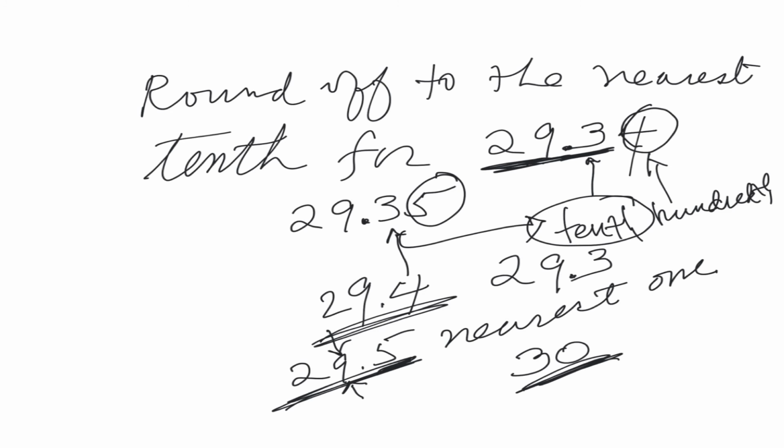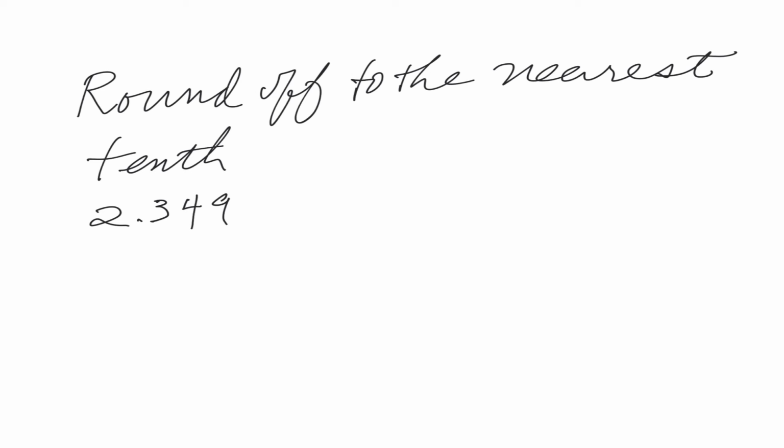Okay, very good. Okay, let us round off to the nearest tenth. How do we do this? Well, first I have to identify which number is the 10th position. In this case, it's the number 3. The number right after the decimal is the 10th. So this is the last number they want you to write. Of course, numbers higher, they stay there, but the numbers after will become 0.